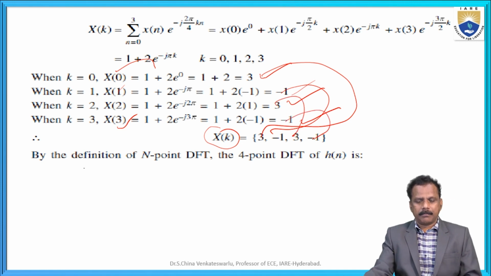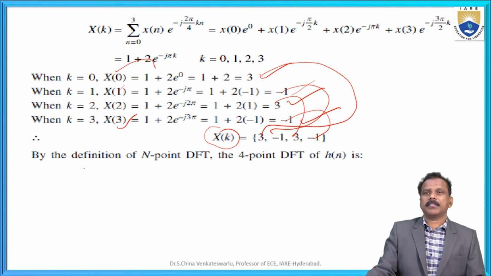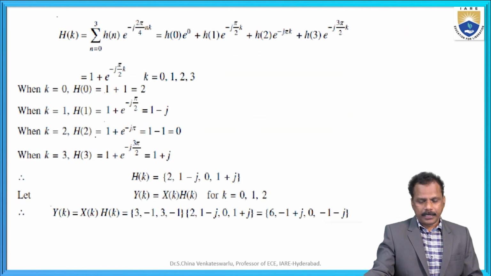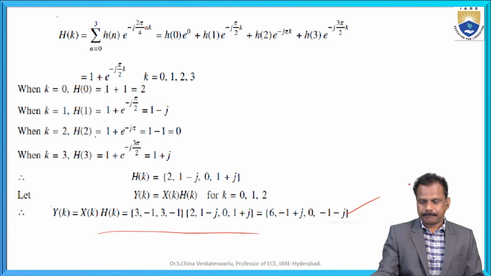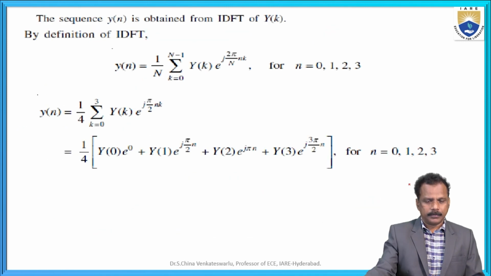By the definition of the 4-point DFT, the DFT of h of n is like this. Therefore, y of k is ready to evaluate from this value. So like this we are ready to evaluate this type of problems.